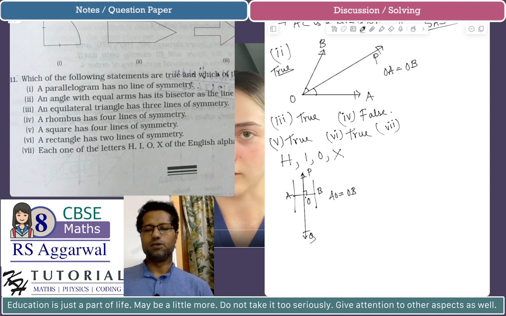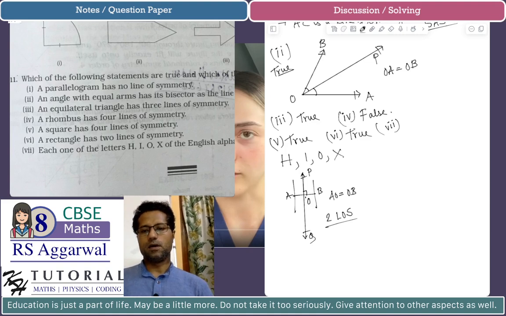So PQ is a line of symmetry. POQ is a line of symmetry for the letter H. Also AB is a line of symmetry. So definitely H has 2 lines of symmetry.